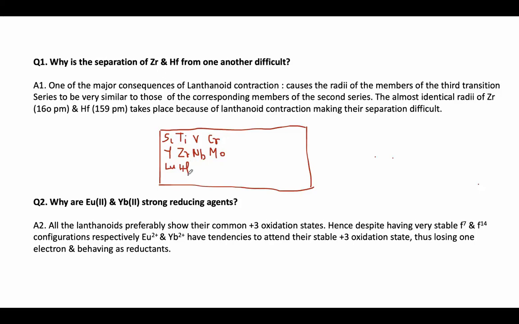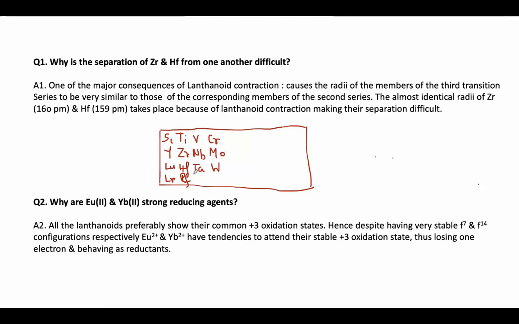So zirconium and hafnium are one below another. And down to lutetium, we have this element lawrencium. Below hafnium, we have the element rutherfordium. Below niobium, we have tantalum. And below molybdenum, we have tungsten.